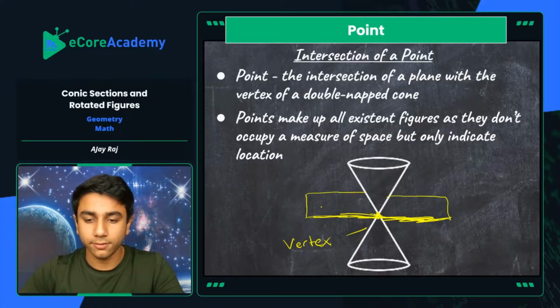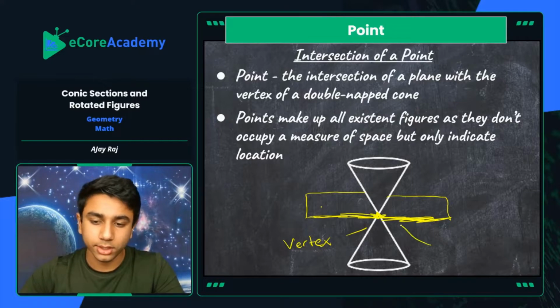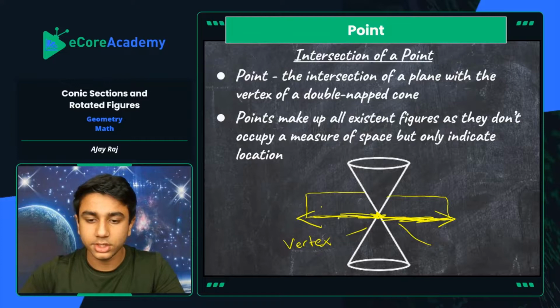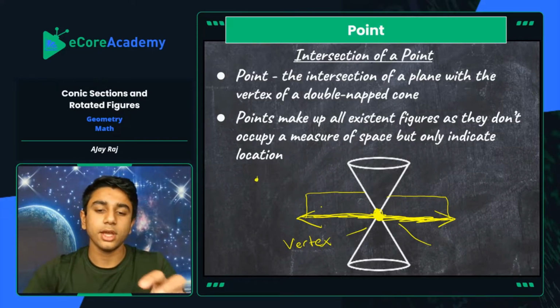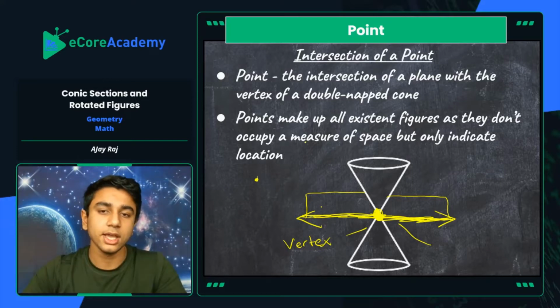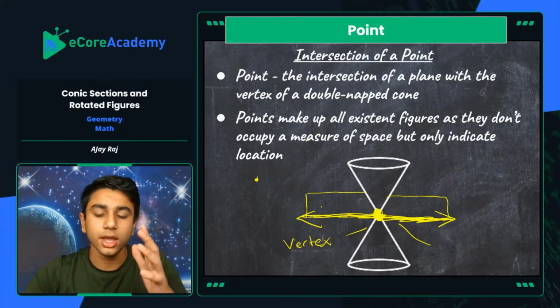So if we were to have a plane, that plane would directly intersect right here through this central vertex, and of course that place is the contact between both of the double napped cones, and that's also the singular point that we're concentrating upon, like that, just a singular dot giving location only, and not taking up space, only representing location as a whole.